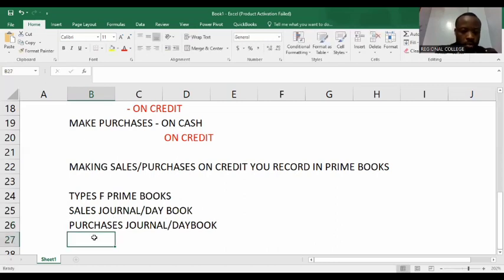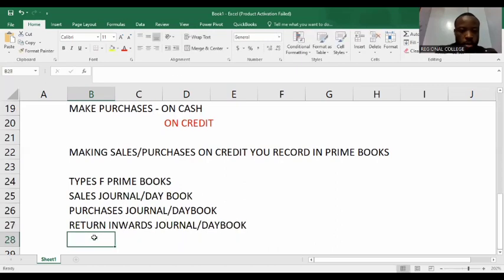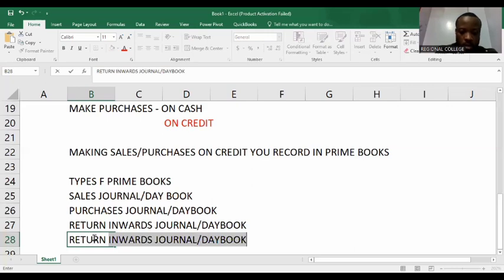We can have the return inwards journal, or return inwards day book. Then you can have the return outwards journal, or return outwards day book. So those are the books that we normally have.